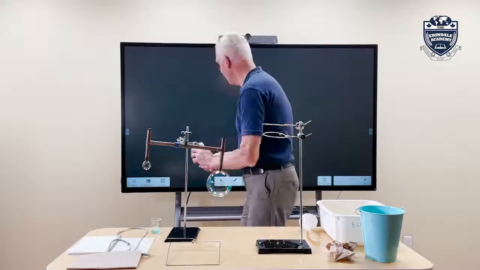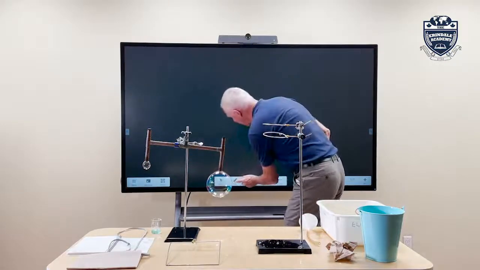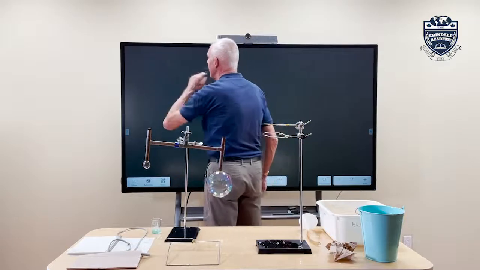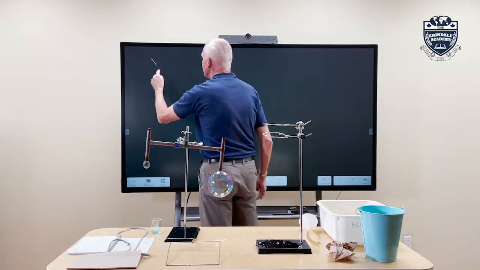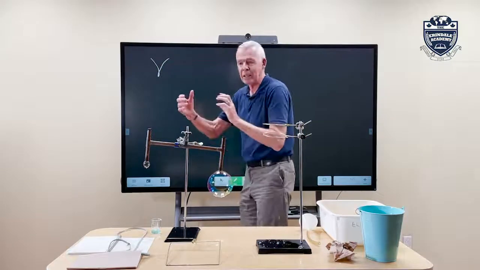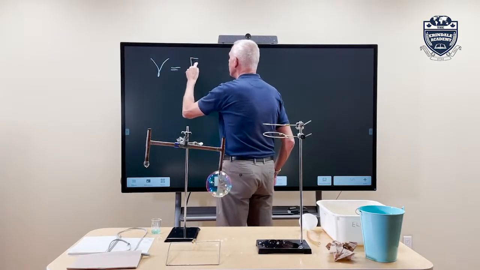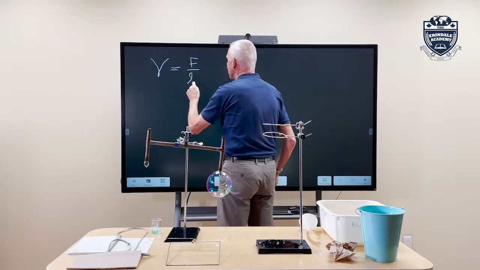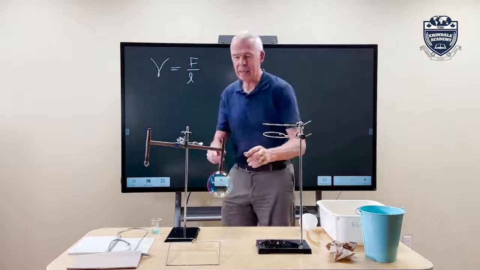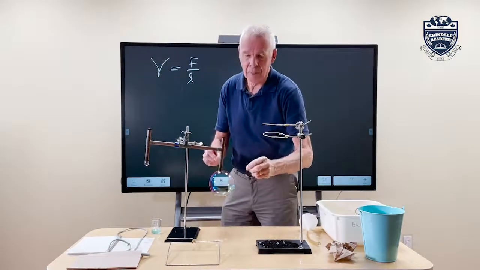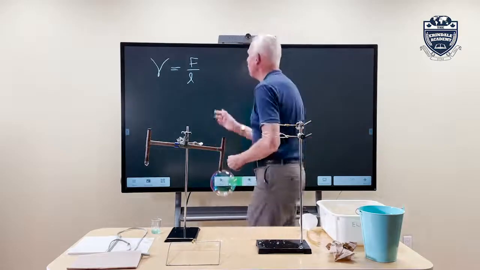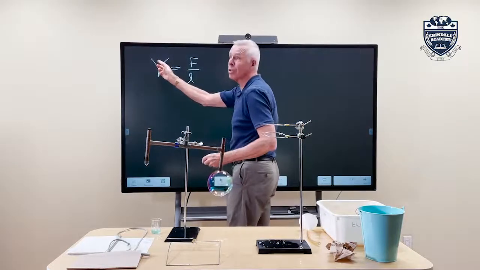Let's look at that with a little bit of math. So surface tension, and that's the stretchiness of the soap film, is the force per unit length. In other words, if you have a length of soap film, it'll pull with a force proportional to something called the surface tension.